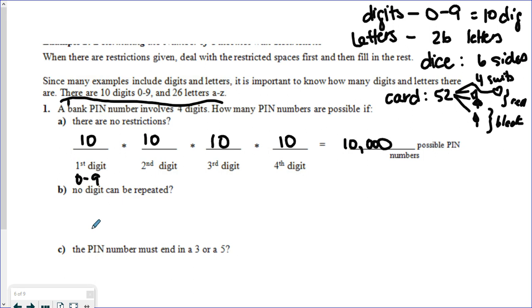So the next one is if no digit can be repeated. First, second, third, fourth. So again, I always do these little lines when we're doing a fundamental counting principle question.